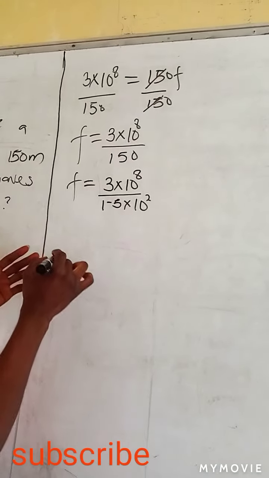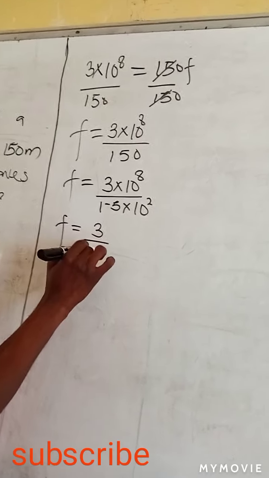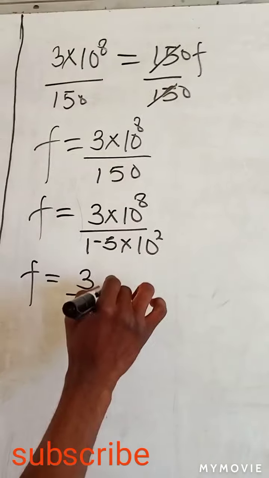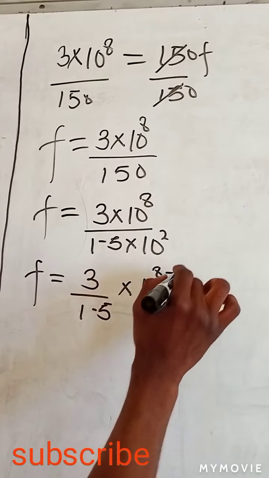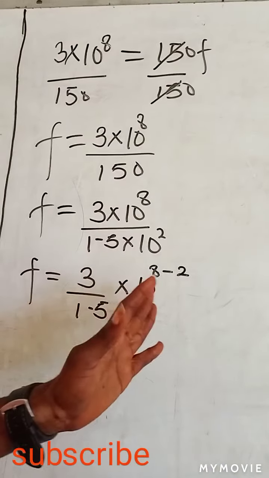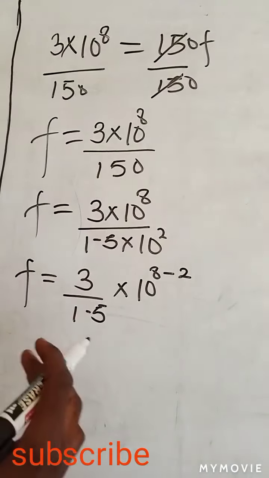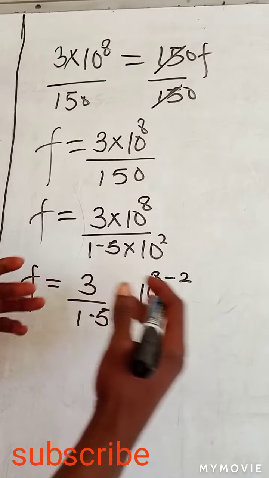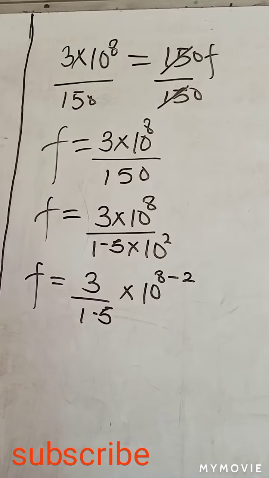From there, you can have F equals 3 all over 1.5 multiplied by 10 raised to the power 8 minus 2, according to the law of indices. When we are dividing two exponentials, you have to subtract the powers.